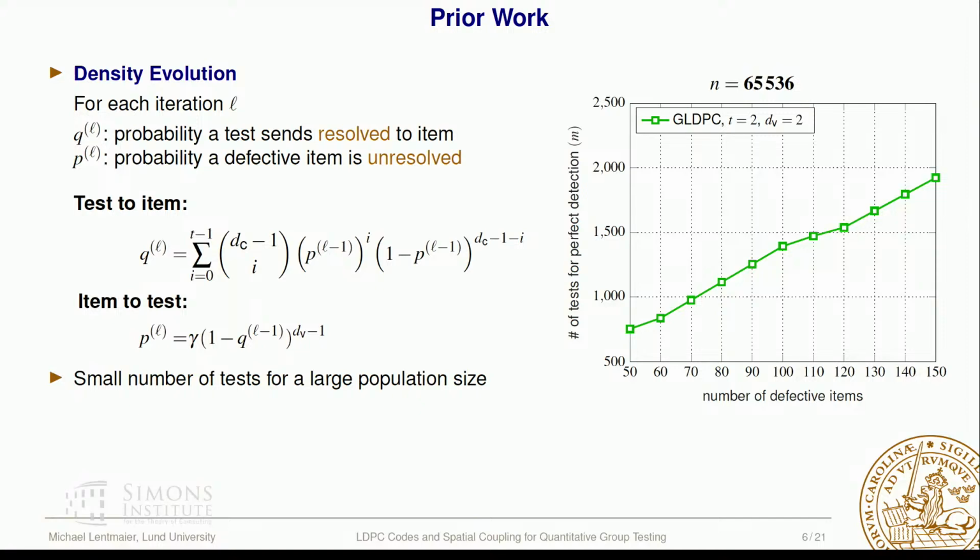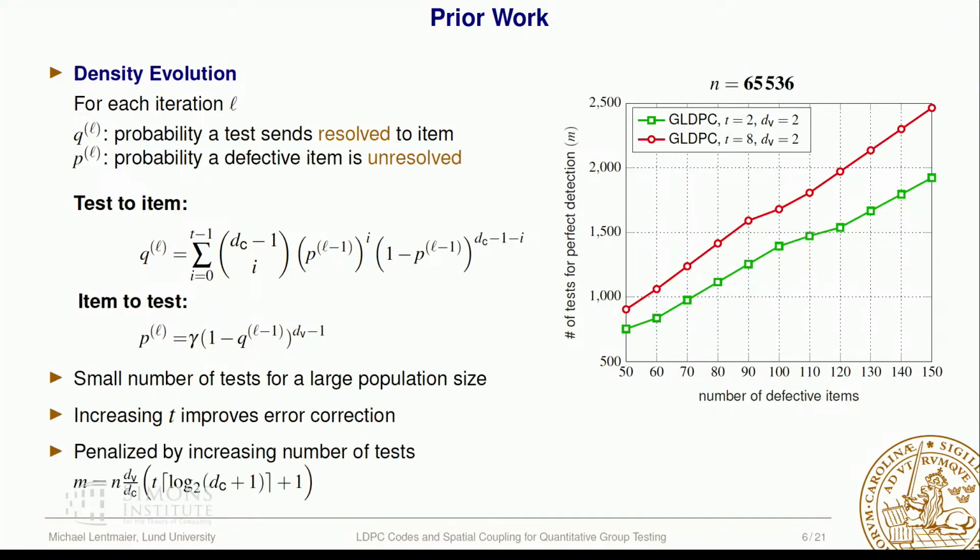But there's something that is strange in this scheme, and this was motivating our work: if we make this subcode stronger, if we increase T, the local code should get stronger, but the performance is actually getting worse. And that was our thinking, okay, there must be something to do with spatial coupling here, because that should have to do with this suboptimality of the local codes in that concatenation.